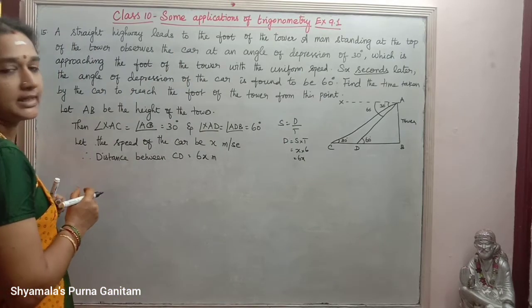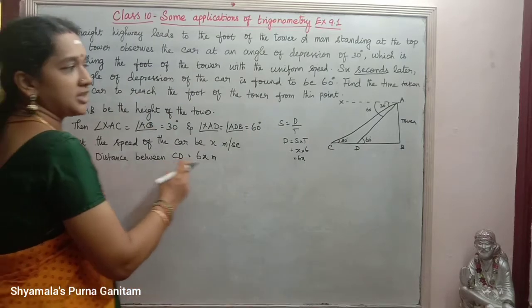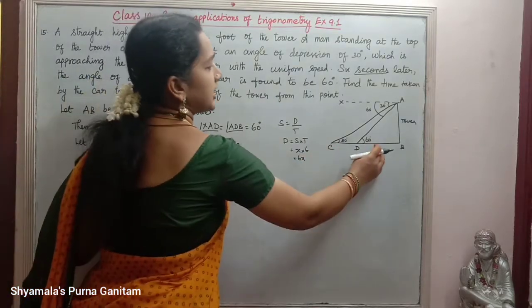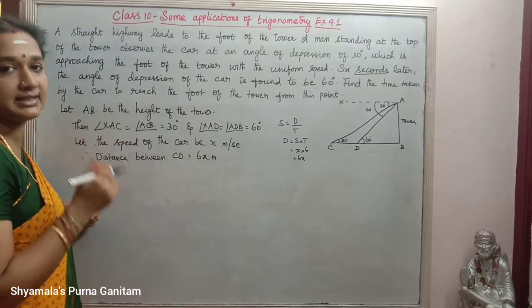Now we will take the distance between BD. Here we don't know the time taken, so we will take the time taken between D and B as t seconds.